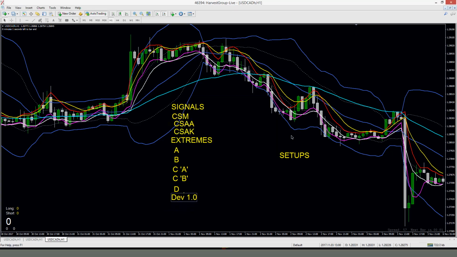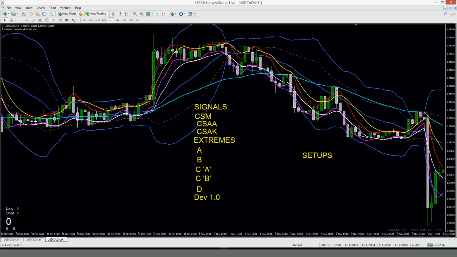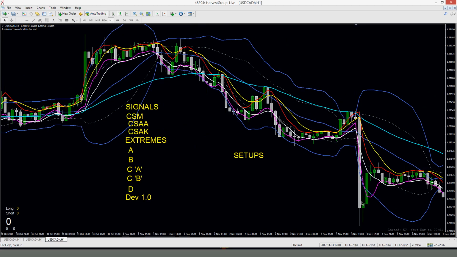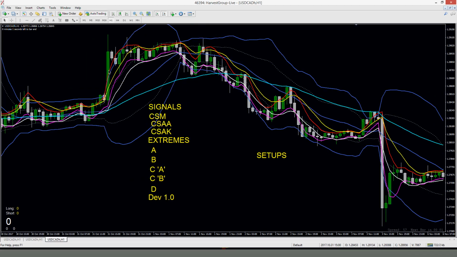So I think everyone already knows about the signals CSM, CSAA, CSAK. I'm just going to go through quickly on the different types of extremes. So whenever the MA is outside the Bollinger band, this is an extreme A, extreme A sell.